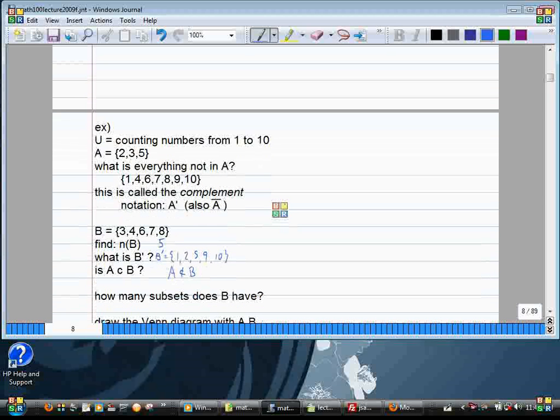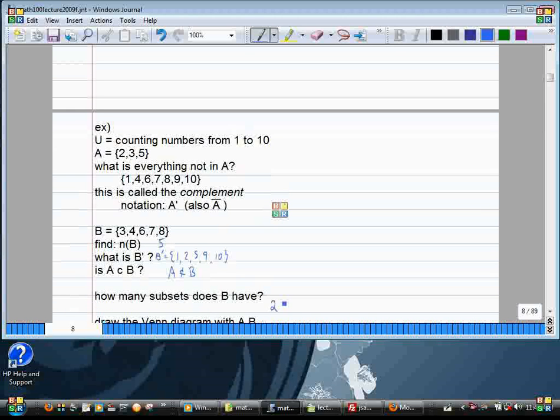How many subsets does B have? And how did you get that? 2 to the 5 power. So how do we figure out how many subsets there are? 2 to the power.